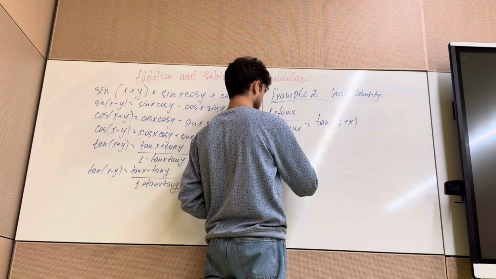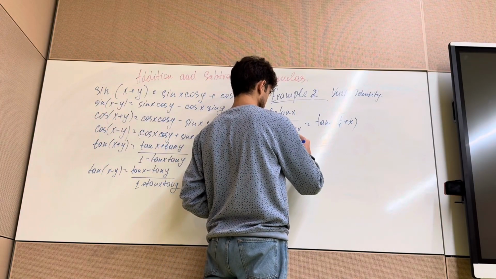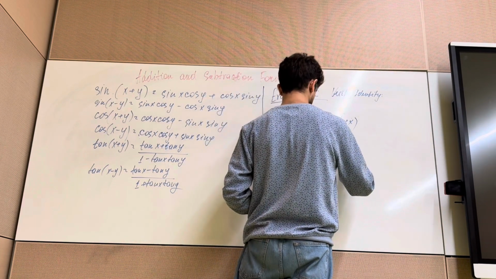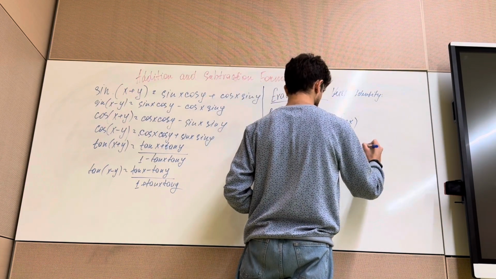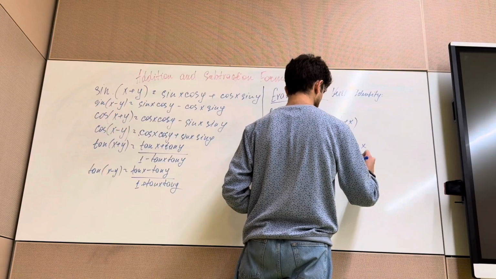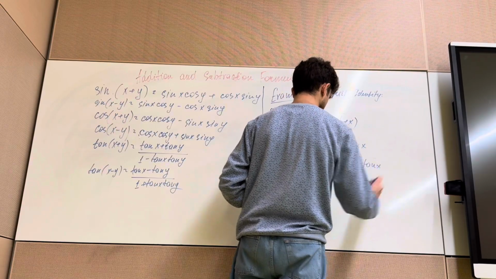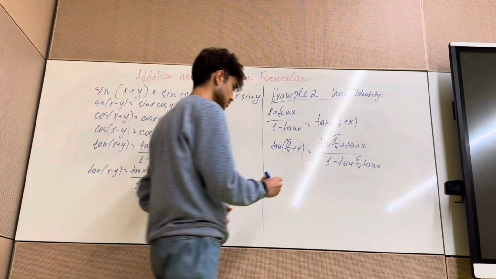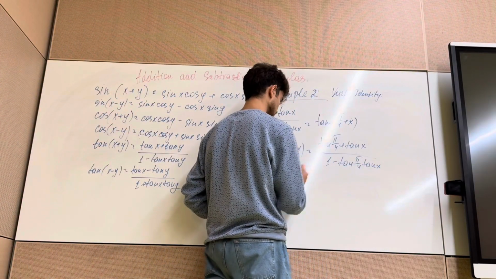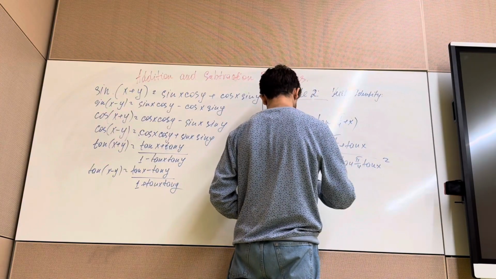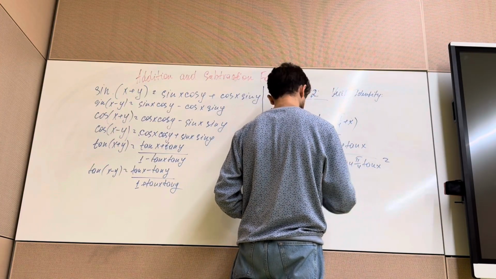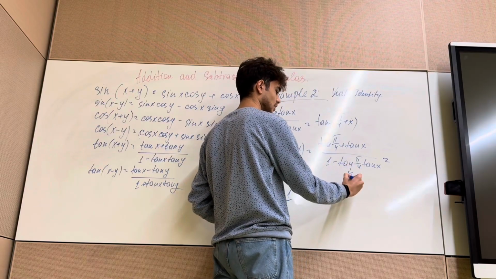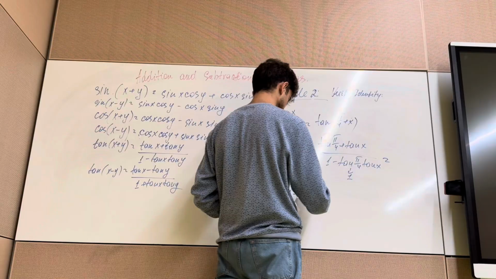So tangent of pi over 4 plus x equals tangent pi over 4 plus tangent x over 1 minus tangent pi over 4 tangent x. Tangent pi over 4 equals 1, so we write here 1 plus tangent x over 1 minus, since tangent pi over 4 is 1, we write 1 minus tangent x.